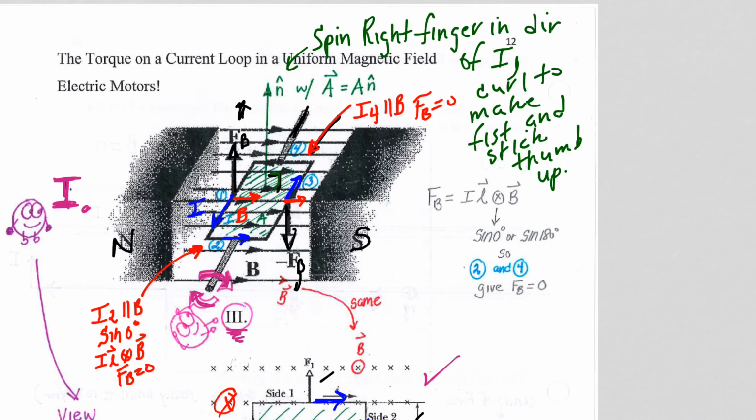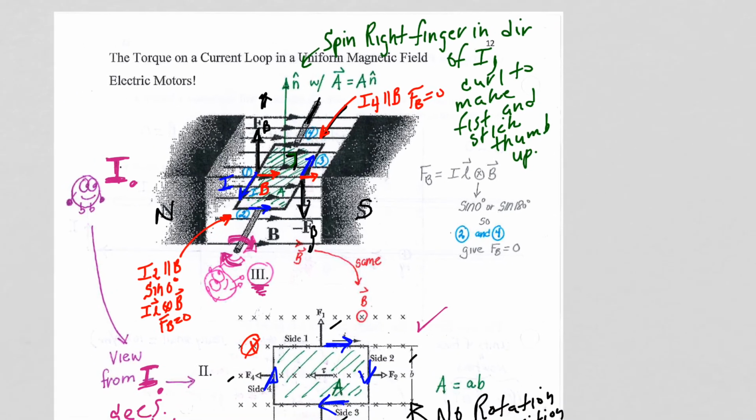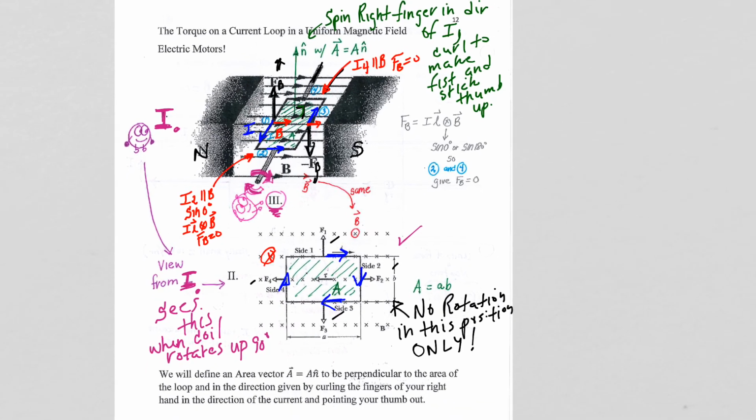And that's by convention. And that will become very important in our next page of notes, where we're going to actually track the rotation of the n hat vector. Because notice what happened in going from our initial position to our rotated by 90 degree position: the n hat vector actually rotated from straight up to being aligned with the B field.